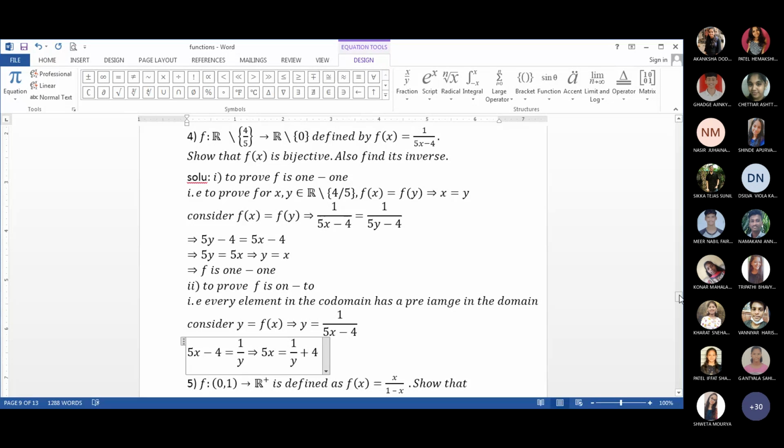So what do I get for x? Can you tell the expression for x? Can you simplify and get the expression for x in terms of y?